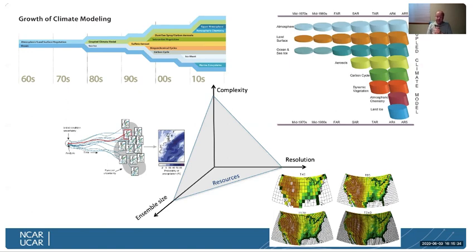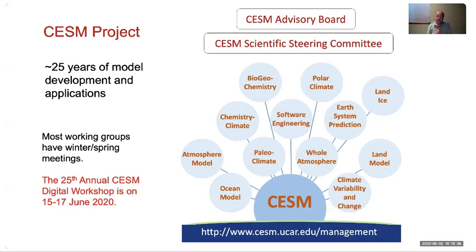So, just to come back to CESM, it was previously named the Community Climate System Model. We changed the name to CESM to put Earth into the name. We have been around for about 25 years, so that much experience. And CESM is a bottom-up sort of system.